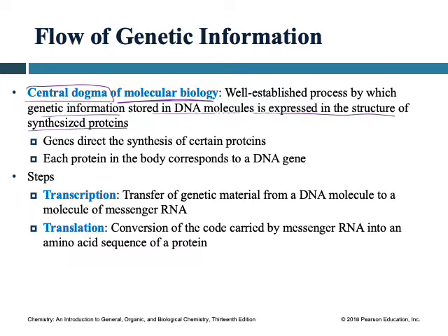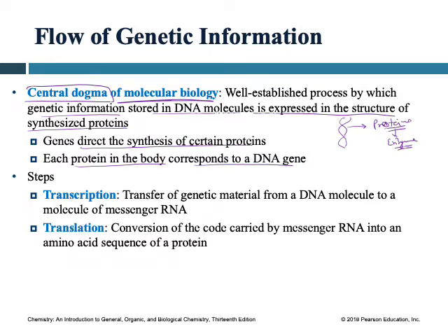Means whatever information DNA has, it is converted into proteins, and we know proteins are enzymes and they do many functions within the cells, right? So DNA directs the synthesis of certain proteins, and each protein in the body corresponds to DNA.